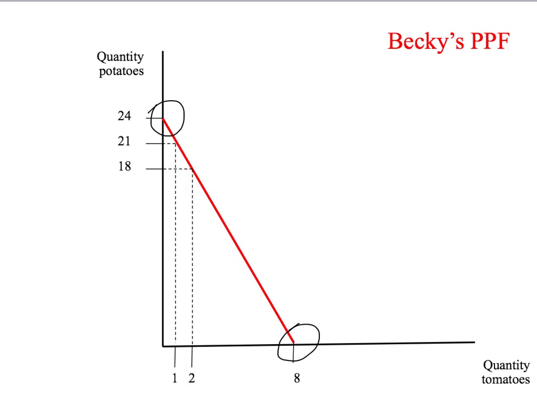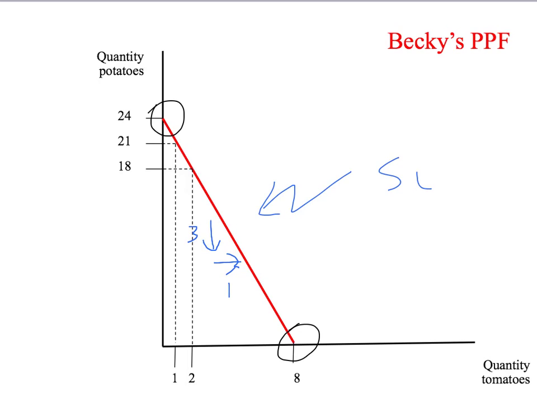And of course in Becky's situation, her marginal opportunity cost is constant. Every time she wants to produce another kilogram of tomatoes, she has to give up 3 kilograms of potatoes. So her marginal rate of transformation is constant, and it's 3. And so we have a straight line production possibilities frontier for Becky as well.